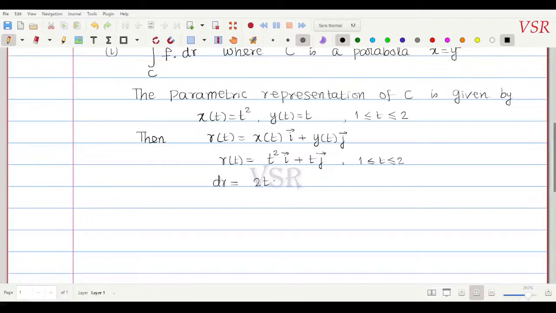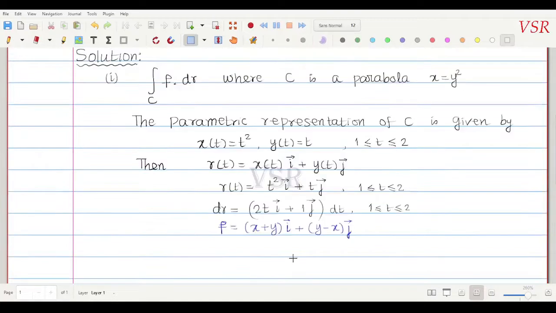So 2t times i vector, plus differentiating t gives 1 times j vector, into dt. This is dr by dt, with the condition that 1 is less than or equal to t less than or equal to 2. Now F is given as x plus y i vector plus y minus x j vector.